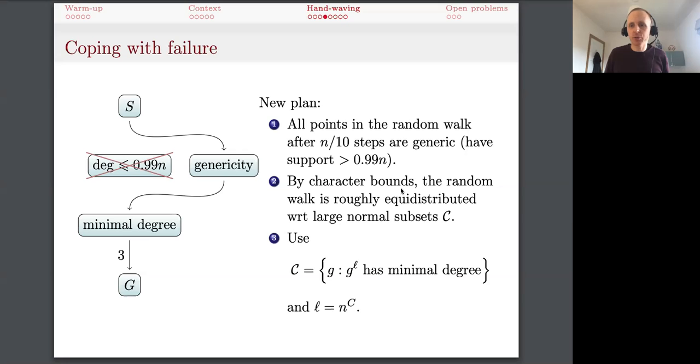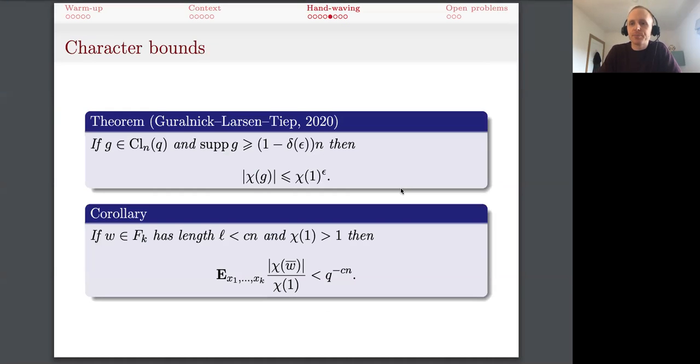Okay, so I want to explain in a bit more detail how this actually works. So first of all, let me describe these character bounds. So in the past few years, there have been quite a few quite strong character bounds that have been proved, and so we're using this result that was proved by Guralnick, Larsen, and Tiep from earlier this year, and they have a result for all classical groups.